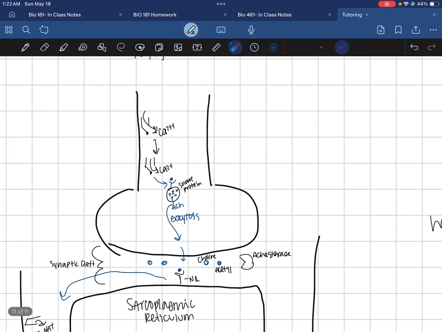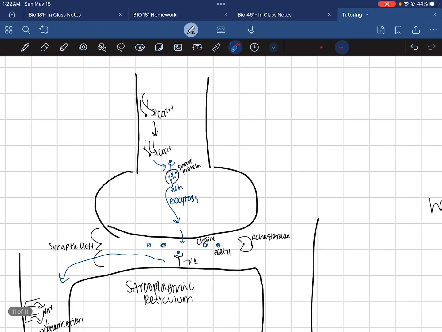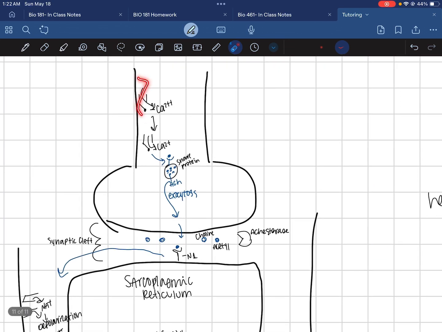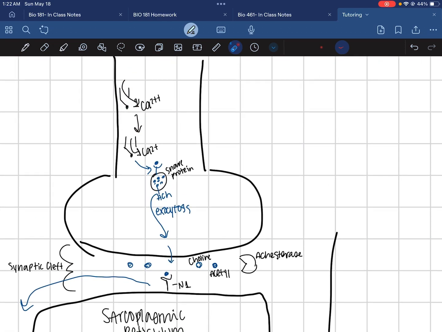Anyways, so we have an action potential that arrives at the axon terminal of the somatic motor neuron, which connects the muscle fiber via the neuromuscular junction, or basically the synapse. So we have an arrival of the action potential, which causes voltage-gated calcium channels in the axon membrane to open, and then calcium is going to enter into the axon terminal from extracellular.